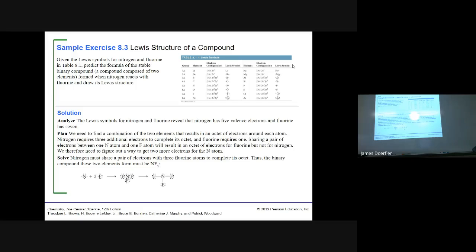So let's try and look at our Lewis structures here. So if we look at nitrogen and fluorine. Okay? We've got nitrogen and we have fluorine. What group is nitrogen in again?